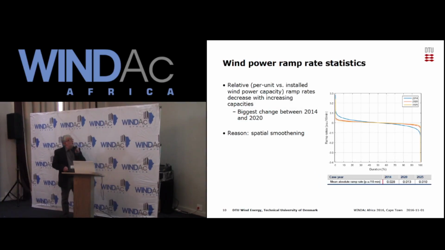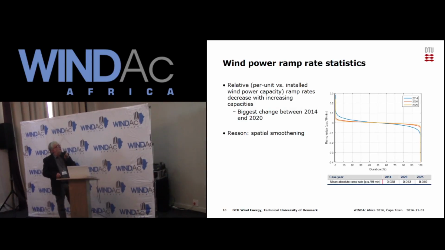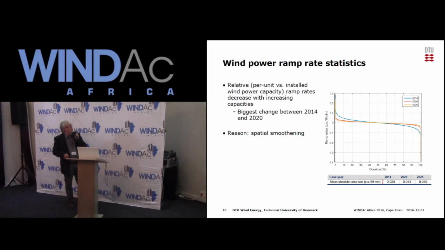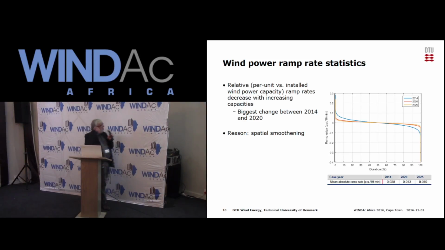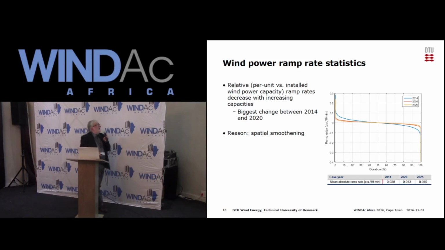Okay, so now we did it again, but this is only simulations, the ramp rate statistics, and here I believe we were using the 10-minute ramp rates. Sorry, yeah, it's per unit per 10 minutes. So what we see here is for the different scenario years, and it's the relative ones, so it's normalized with the installed capacity of the wind.